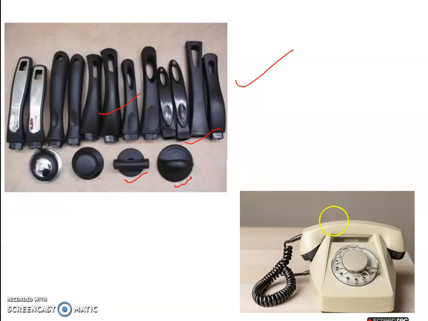Now in the second picture you can see the base of a phone or telephone sets. Once it breaks, we cannot mold it. These are made of bakelite. So these are examples of thermosetting plastics. All these articles are found in our household.